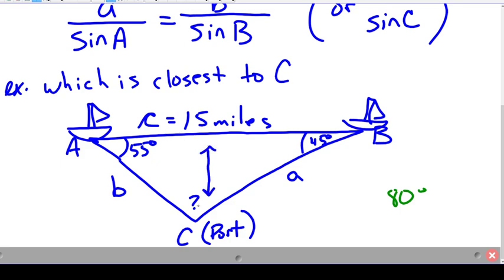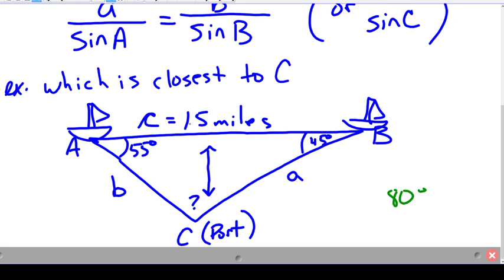I want you to notice that we labeled that opposite angle capital C. It is across from lowercase c. I put a little tail here on the c to show that it's a lowercase. Capital A is across from lowercase a, and capital B is across from lowercase b, A, B, C, capitals being the angles, and a, b, c, lowercase being the side lengths.